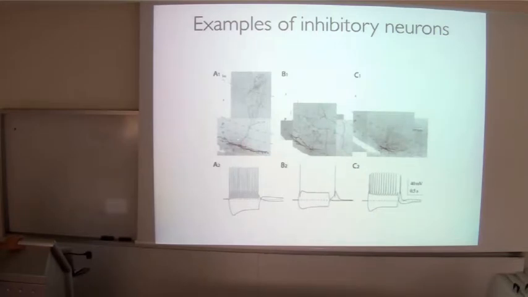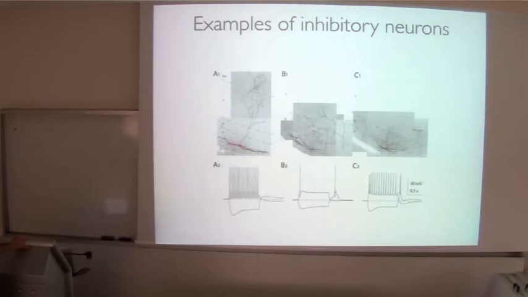Just some examples of these inhibitory neurons. So you can see again, this is a filled-in neuron. This is what you do here. You patch a neuron, you fill it in with some kind of a dye, in this case biocytin, and then when you fixate the tissue, you can develop it and stain everything in black.